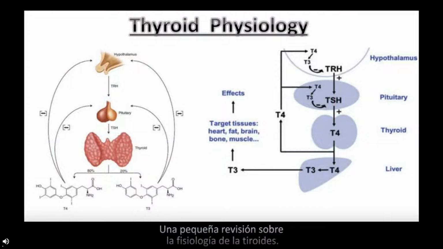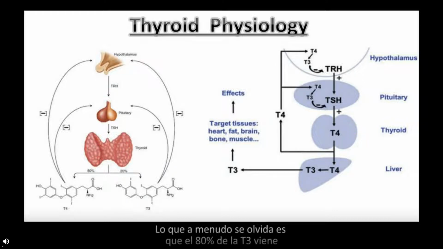A little revision on thyroid physiology. Hypothalamic factors release TRH, or TSH releasing hormone, acting on the pituitary to stimulate production of TSH, and TSH acts on the thyroid to produce T4 and a little bit of T3.